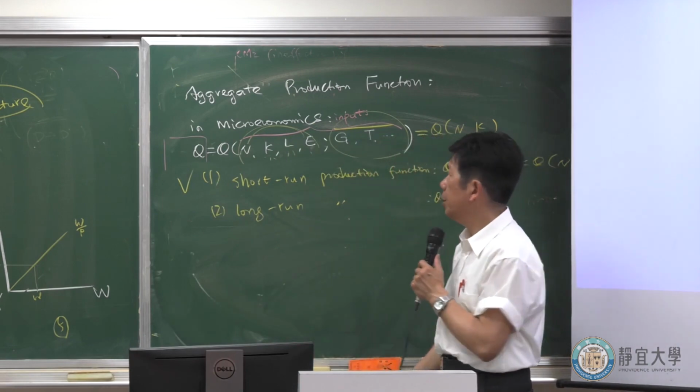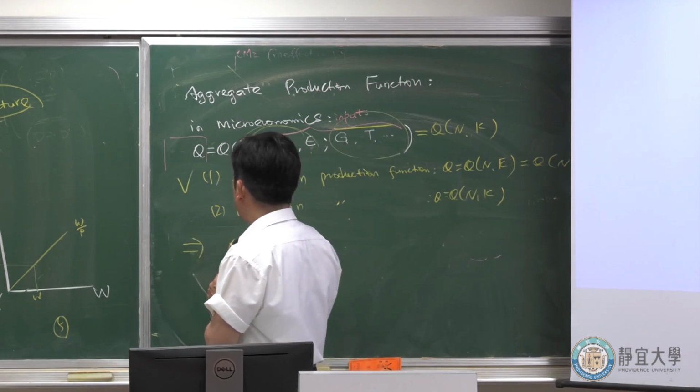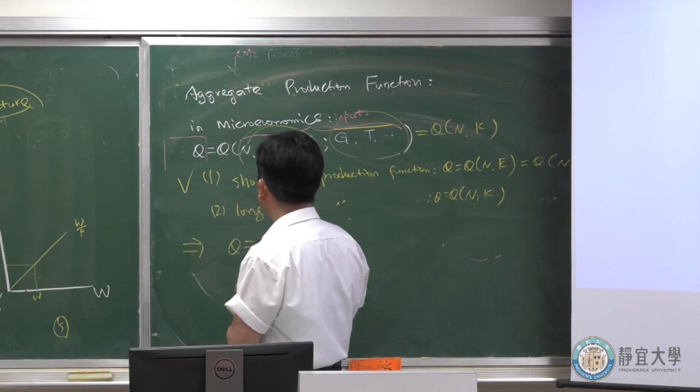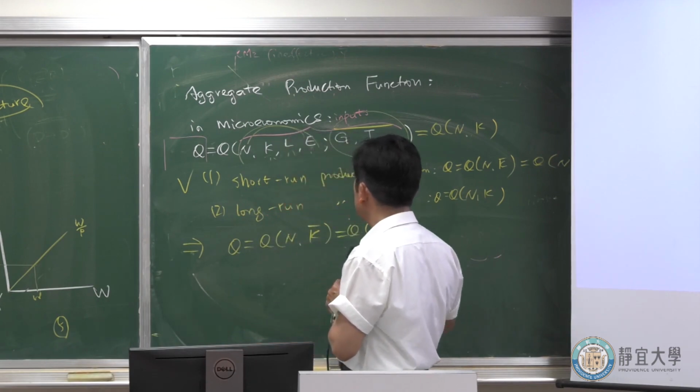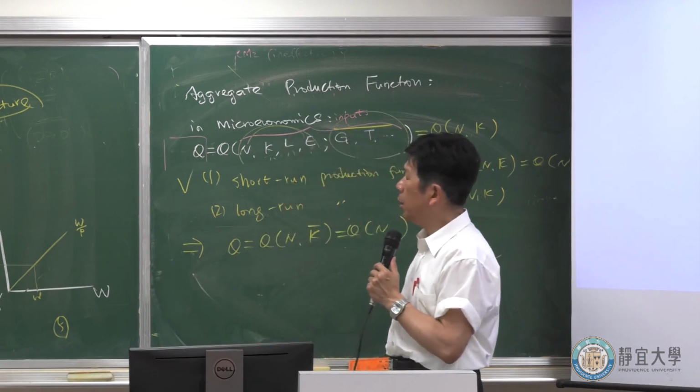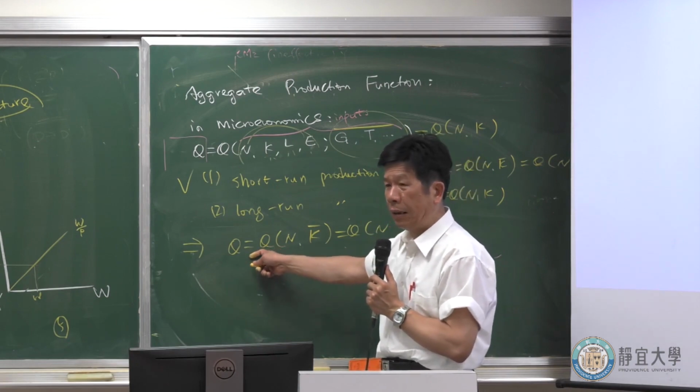So you can look here: Q equals Q of N and K bar, which equals Q of N. And what is Q? Q is the quantity.